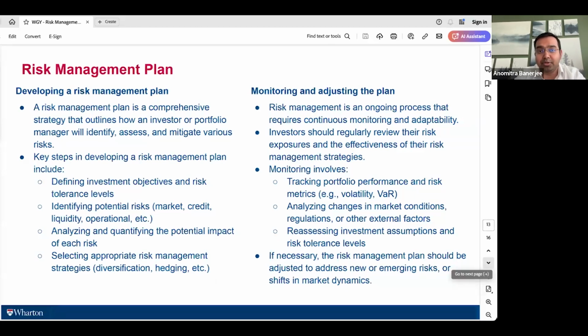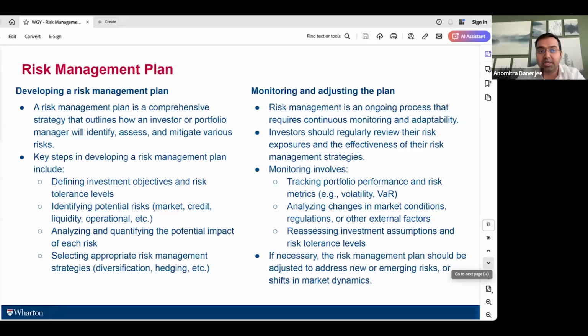And then absolutely the second thing would be monitoring and adjusting the plan. Like I said when I started today, risk management is an ongoing process. It's not that I do it once and forget it forever, because the market is continuously changing. What the market was yesterday is not what the market is today, and it's not what the market will be tomorrow, right?